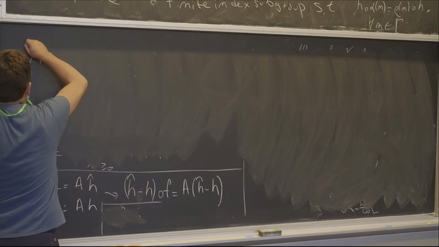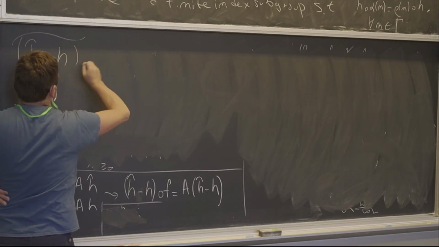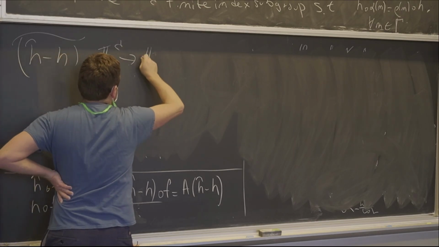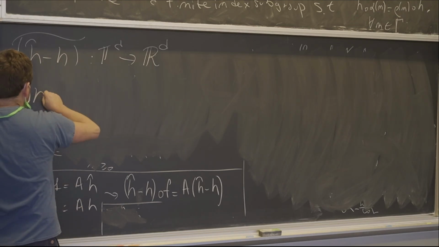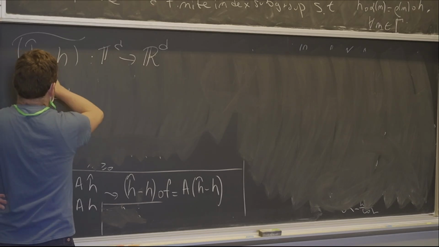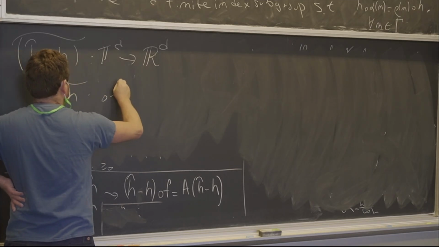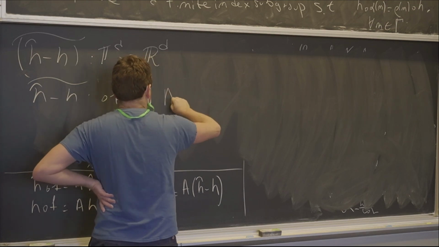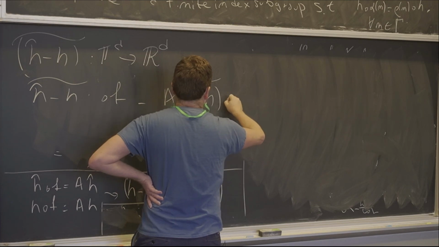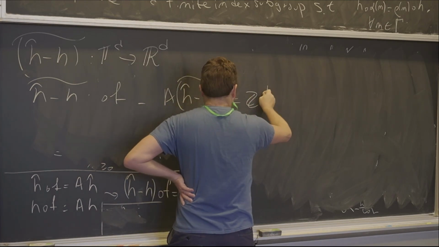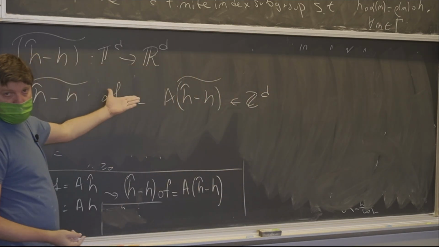So we have h hat minus h tilde from T^d into R^d, which is a very well-defined object. There are not one, there are several choices, but any of the choices is the same for us. And this guy will satisfy that this composed with f minus this has to belong to Z^d, because this equality down here implies that.